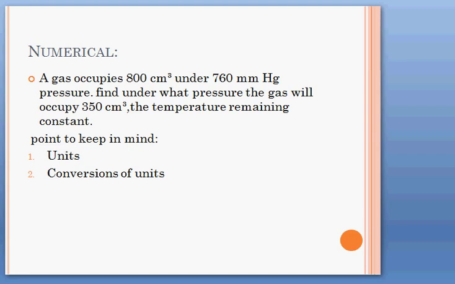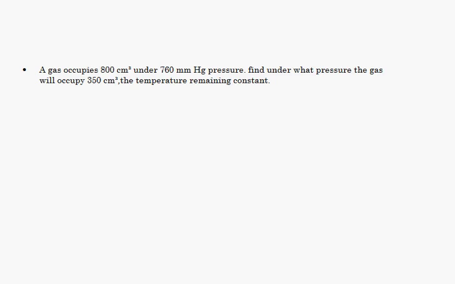Whenever you are calculating any numerical problem, you should keep two things in mind. First, the units written after the numbers, and second, the conversion of the units. So let's start with this numerical.